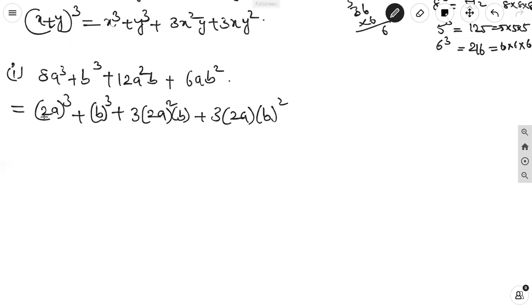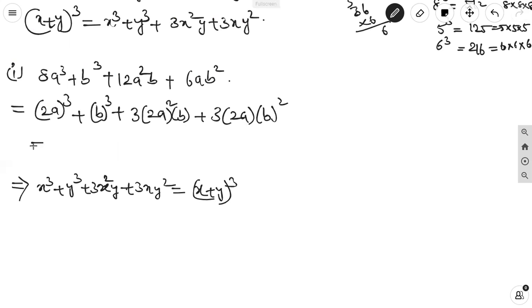Just check it out: 2 2s are 4, 4 2s are 8, 8a cube, okay, b cube. 2 2s are 4, 4 3s are 12, 12a square b, okay. 3 2s are 6, 6ab square. It is clearly in the form of x cube plus y cube plus 3x square y plus 3xy square. From this we can write it as x plus y whole cube. So here we can write it as 2a plus b whole cube. It is the solution.